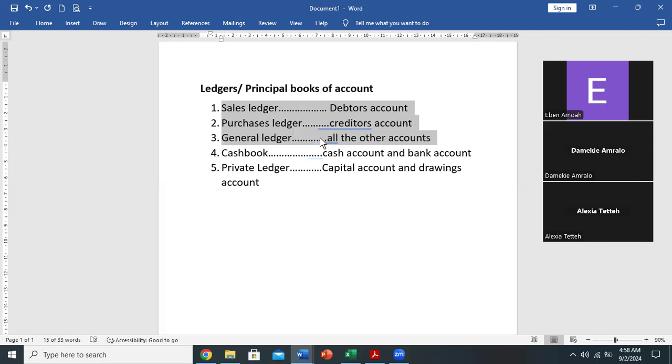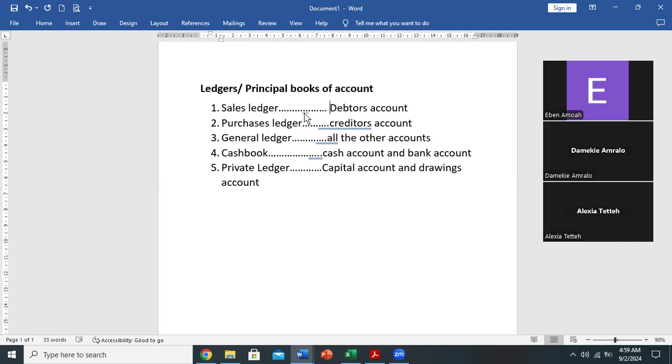So a control account tries to group items that are similar. So we can have a control account for only expenses. We can have a control account for only income or revenue. Okay. But at your level, we don't pay attention to the general ledger. We pay attention to the sales ledger and the purchases ledger. Okay. And just to establish the point, when you open a sales ledger, you will see numerous debtors accounts.